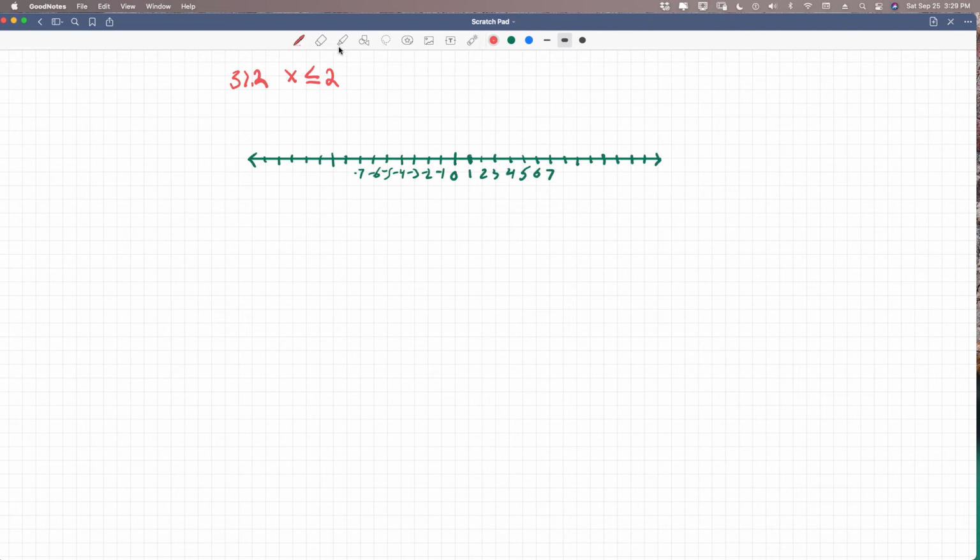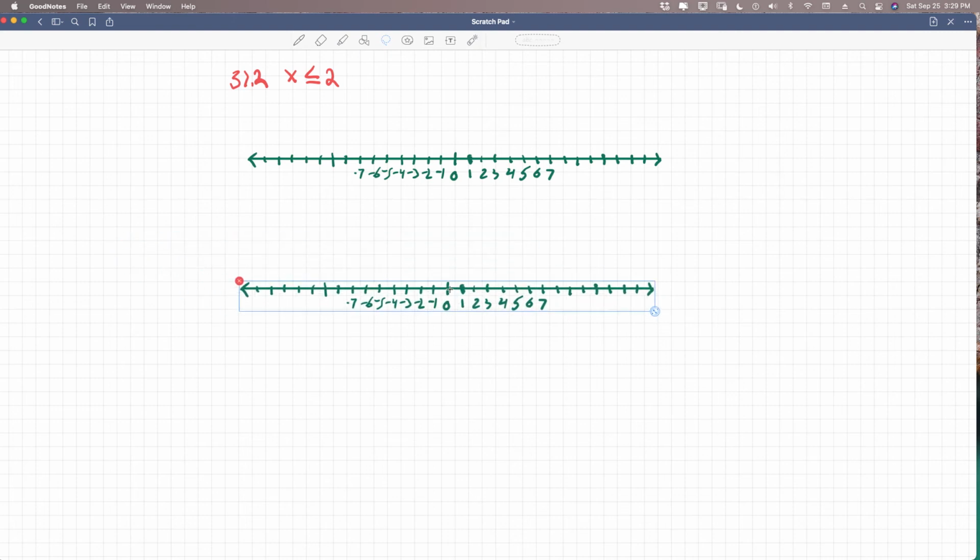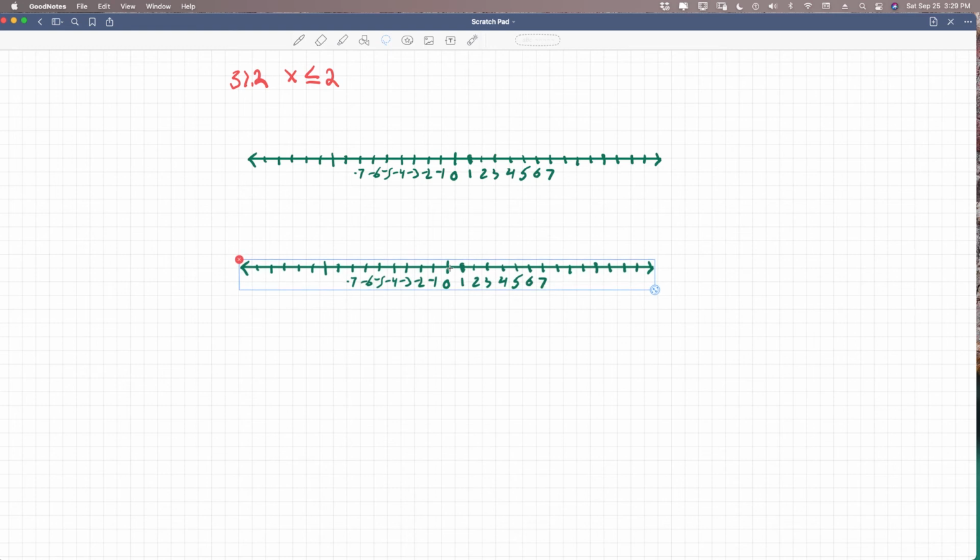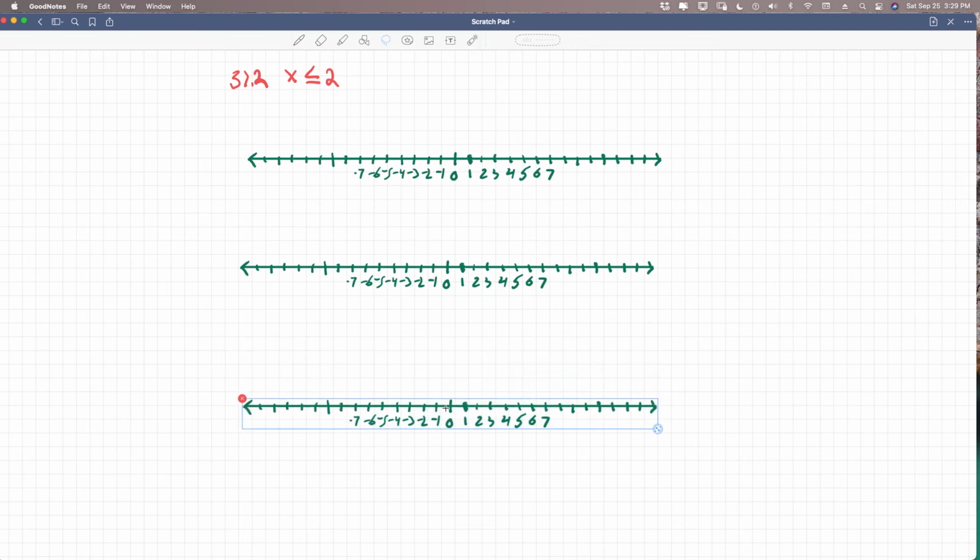So before I get started, let me do this. I'm going to copy this, and I'm going to paste it for each one of our lines so that I don't have to draw this and you don't have to wait on me each time. That's going to make it a lot easier, especially since we only have 3 problems. There we go. So that looks good.